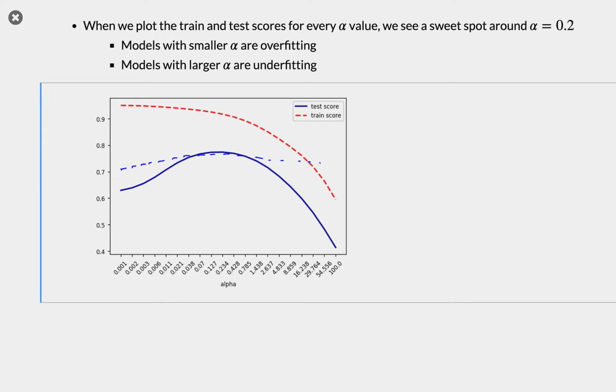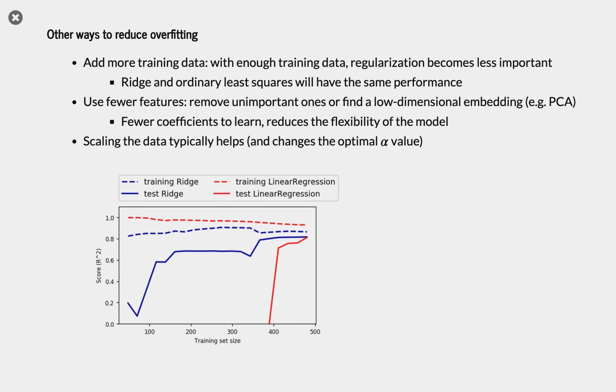But of course, given a data set, you don't know that. In any case, it doesn't hurt to scale your data. So by all means, if you use linear regression, scale your data. It typically improves your modeling, and it also makes it easier to tune your alpha parameter. But do keep in mind that if you scale your data, you should retune alpha, because the optimal value will change.